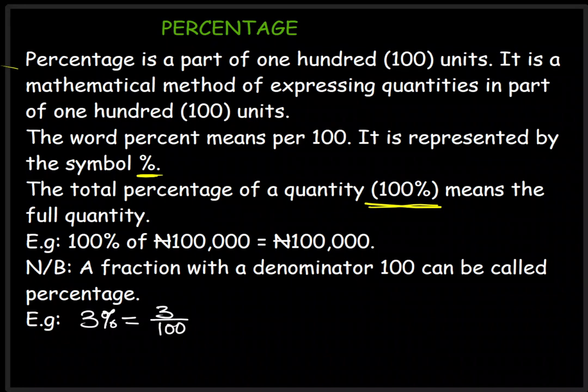So percentage is also a different system of numbers. Where total fraction is equal to 1, which we did in the basic mathematics 1 series, the first one, then when you come down to percentage, the total percentage is always equal to 100. So it's a different system of number.